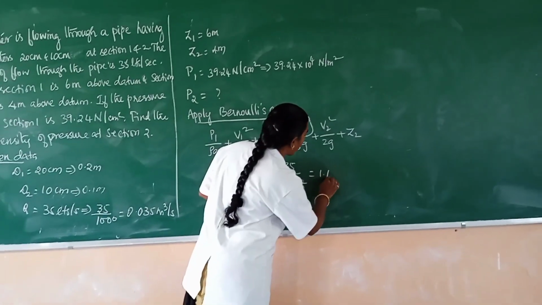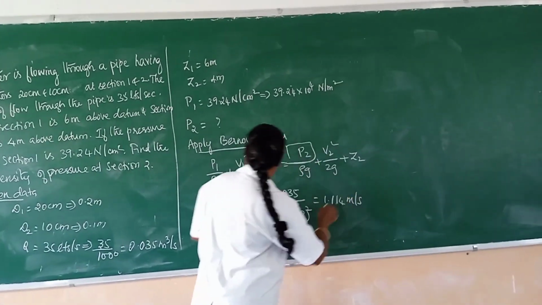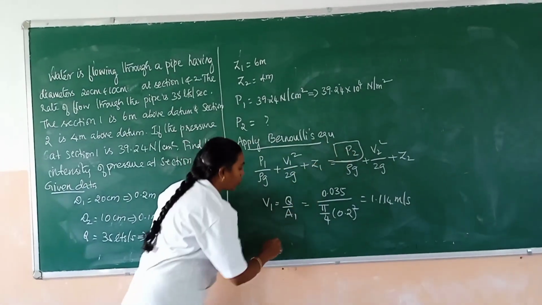We get 1.114 meter per second. Then we need to find out the V2 value.